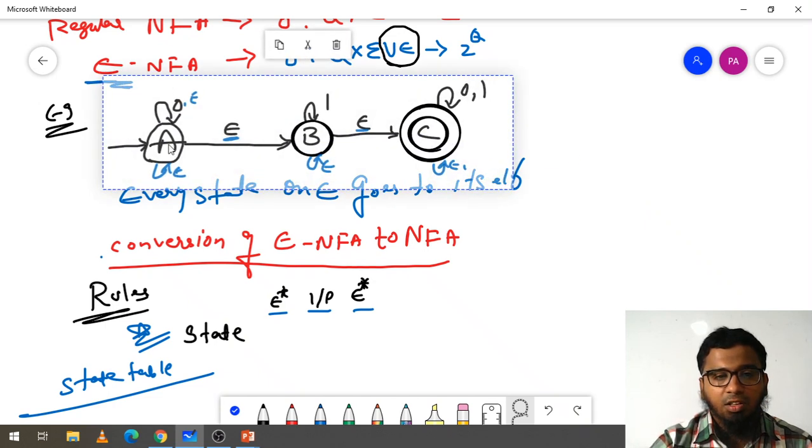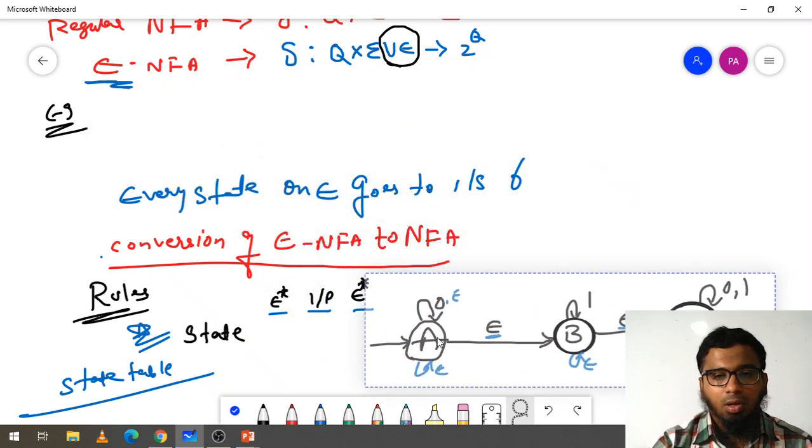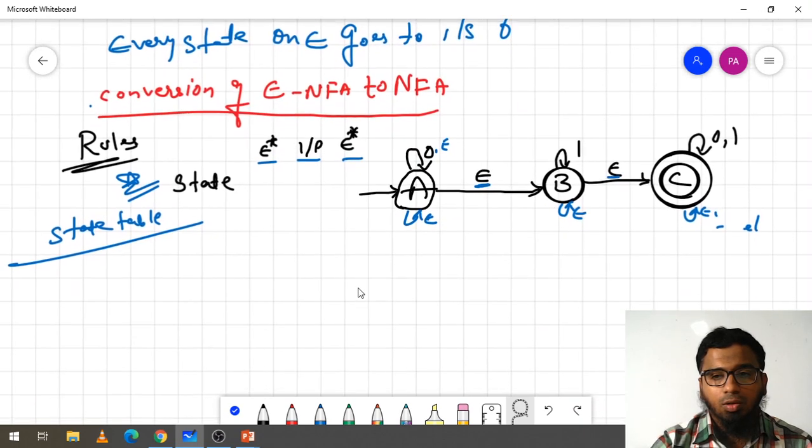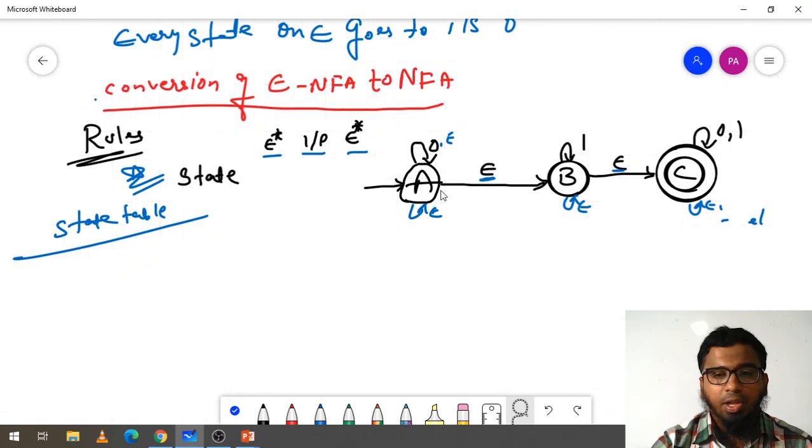I will take this, and based on this we need to make a table.